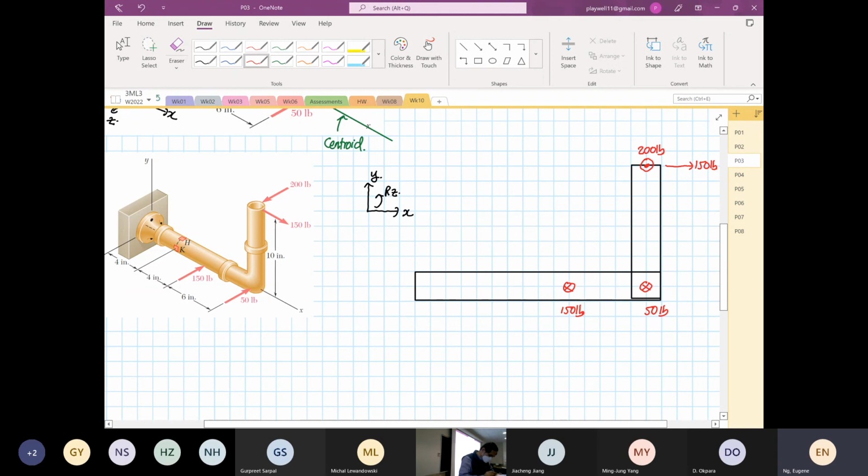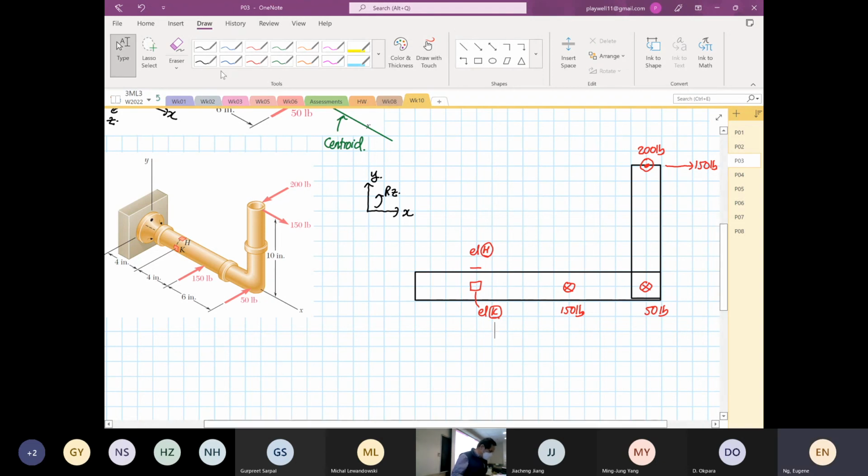Then we construct our element H and element K. We do this first. H on top and K below.